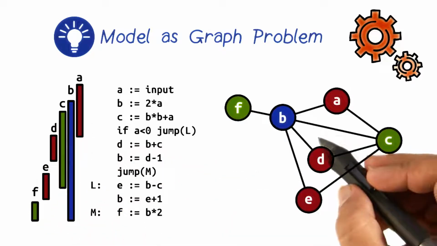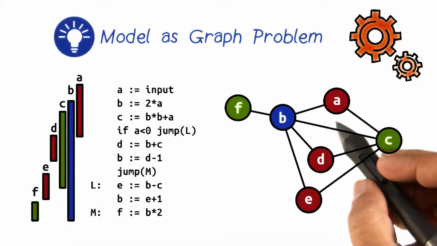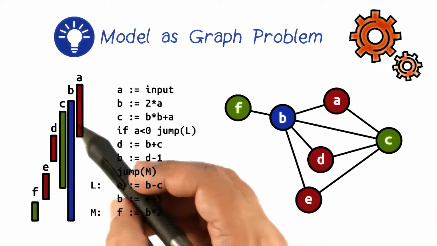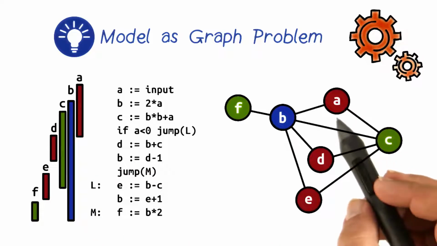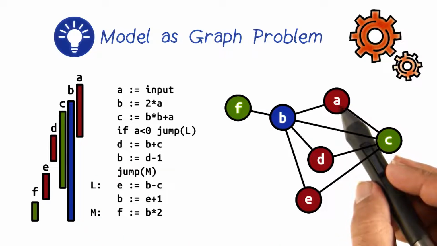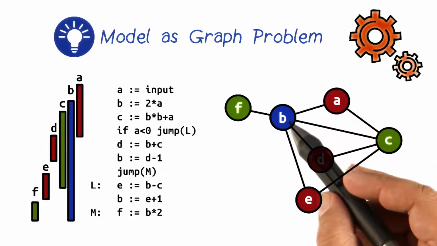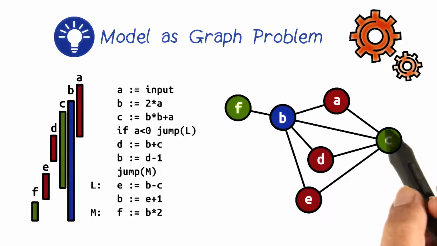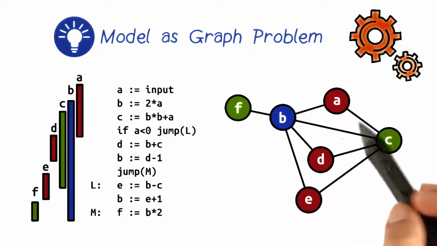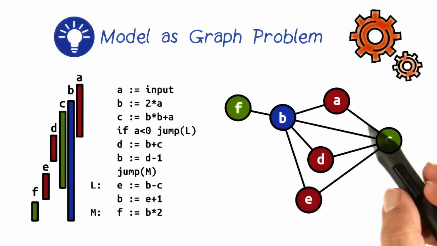And here is the interference graph of these live ranges. As we know, A and B overlap in their live ranges, B and C are also overlapping, and A and C are overlapping. So this is the interference graph which is built out of these different live ranges.